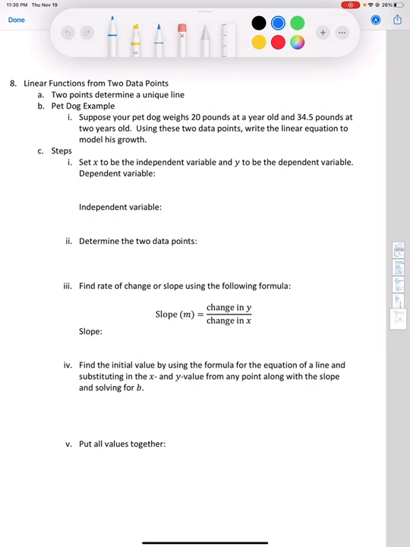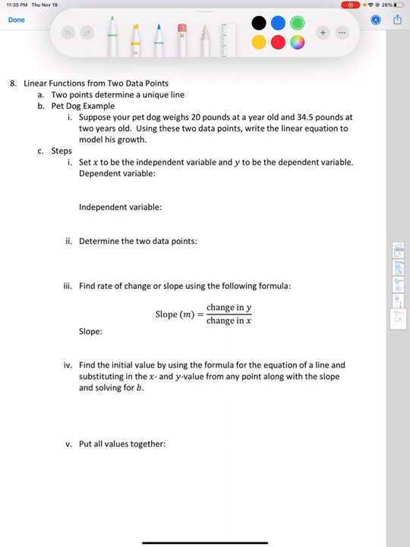So his growth was 20 pounds at a year old to 34.5 pounds at 2 years old. Okay, with the power of mathematics and equations, we can look at how much the dog weighs before and after that point, or in between. Okay, so we'll show you how that is here. Set x to be the independent variable and y to be the dependent variable.